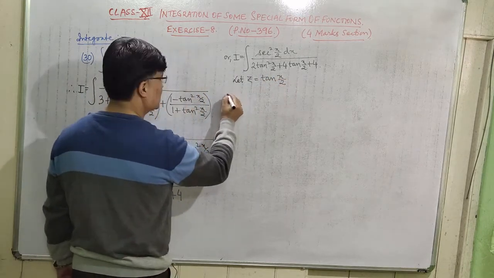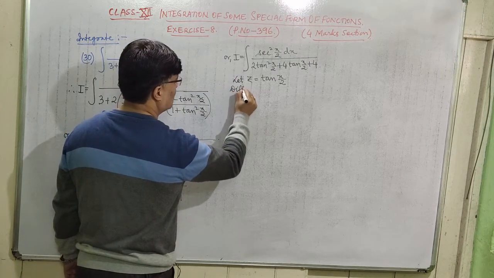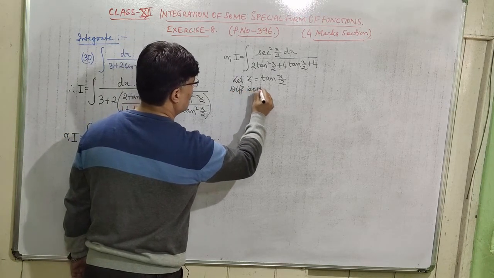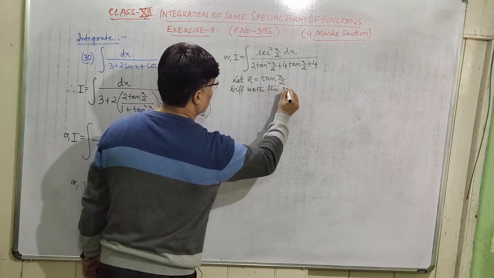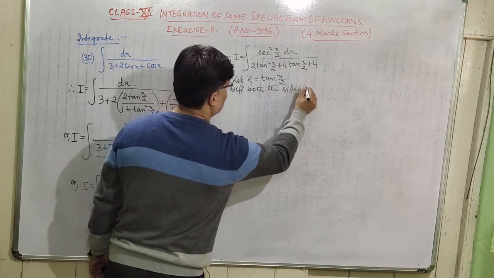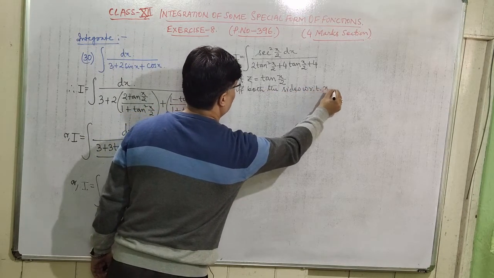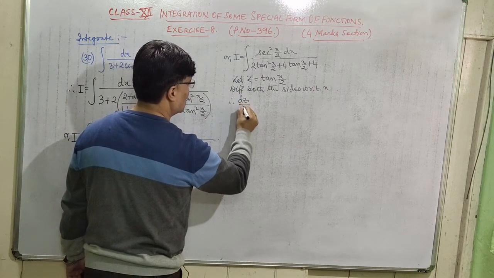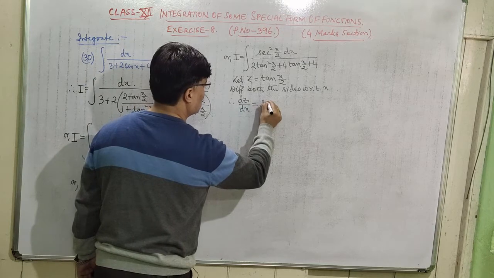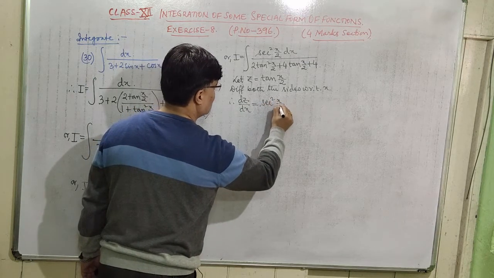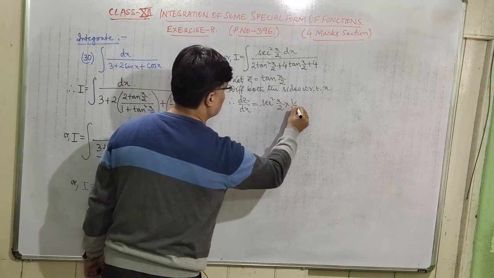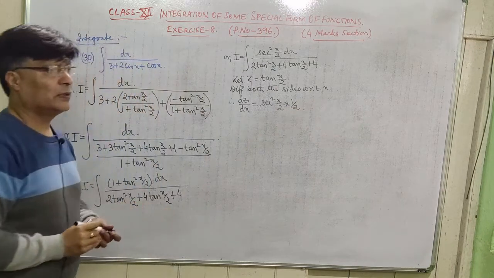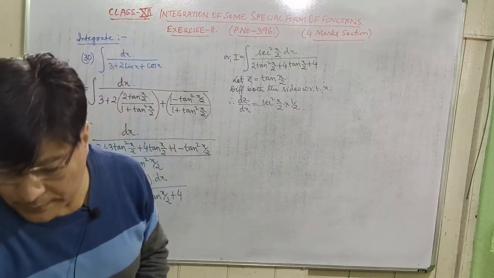Okay, so let us differentiate it. Differentiating both the sides with respect to x, therefore dz by dx is equal to, what is the differentiation of tan x by 2? It is sec square x by 2 into half. So I hope you have understood it.